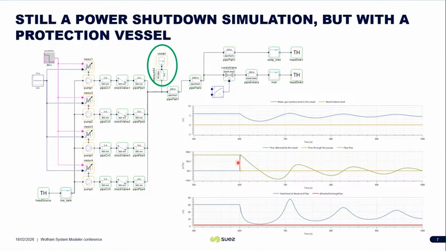The expanding air maintains pressure within safe limits. We can see on the plots that around 600 seconds, we clearly observe the transition between pump supply to vessel supply. And so we can see that the pump supply rapidly drops at the exact moment where the vessel starts supplying water to the system.